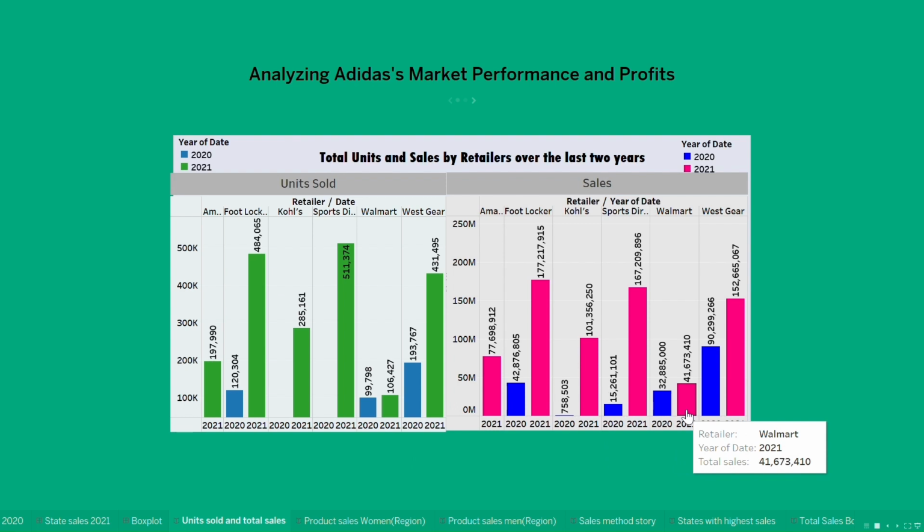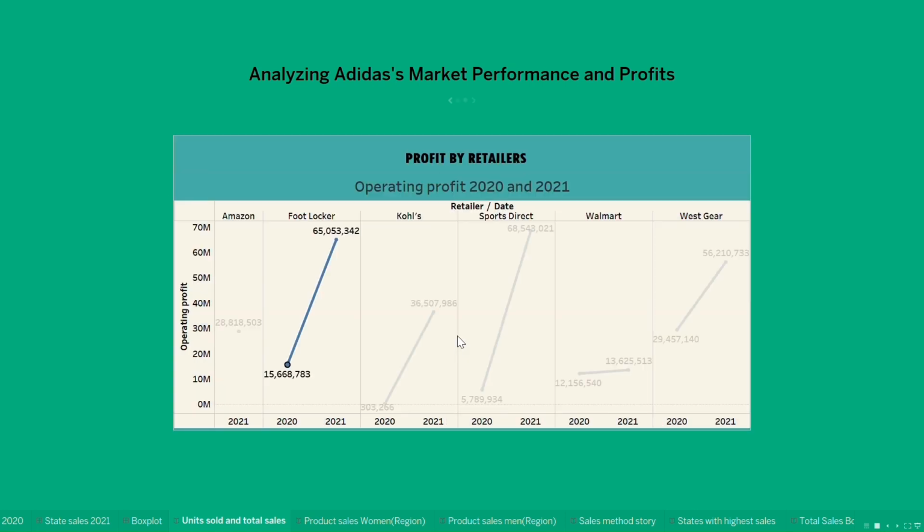With their sales, it rose from 32 million to 41 million, just about 8 million difference. With all this, with a significant increase from 2020 to 2021, there'll definitely be an increase in profits. So in the next slide, we see the profits by retailers.